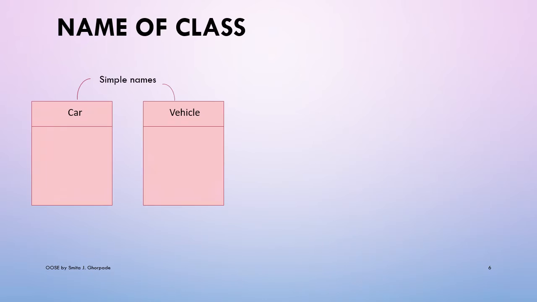Now the name of a class. Usually the class name is shown as a simple name, here Car or Vehicle. These are the class names, they are center aligned, and class names are usually given in the first compartment of the graphical notation.